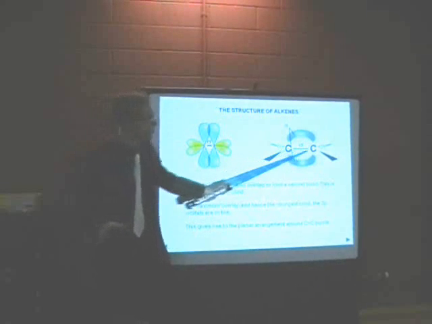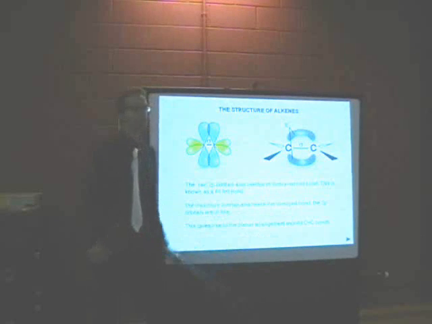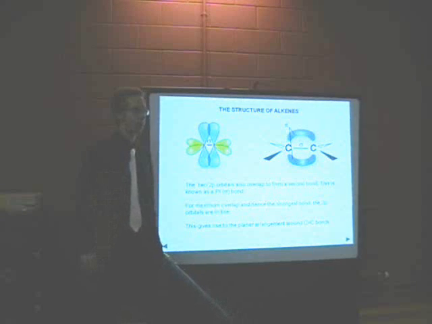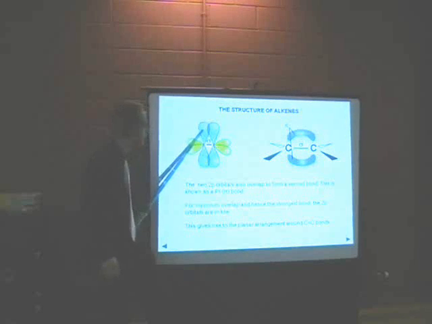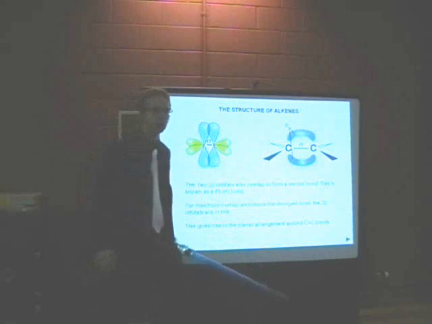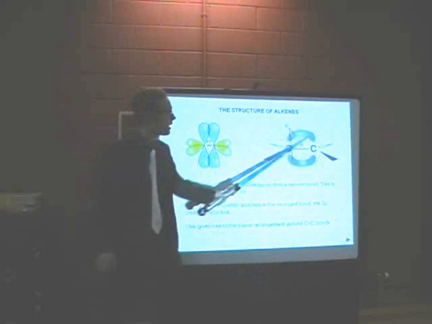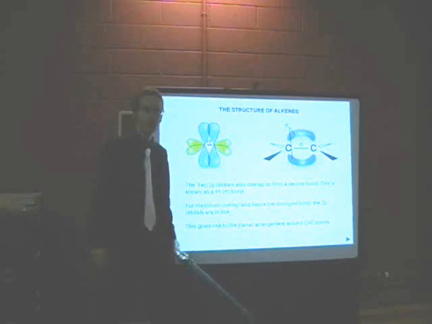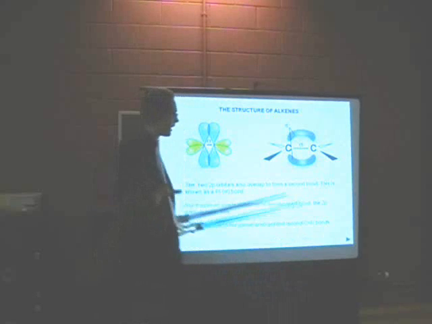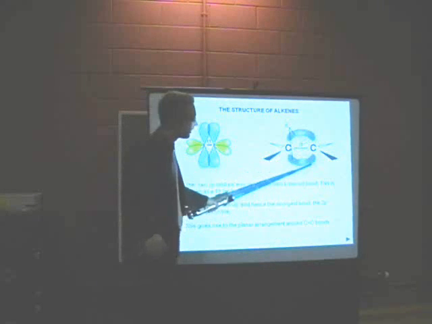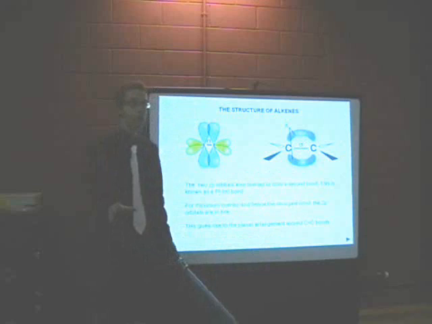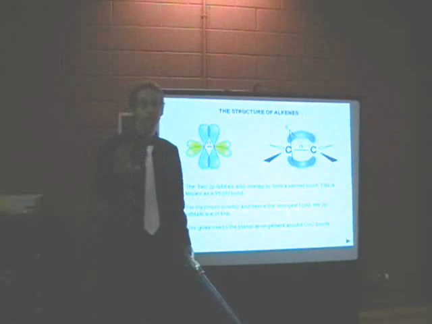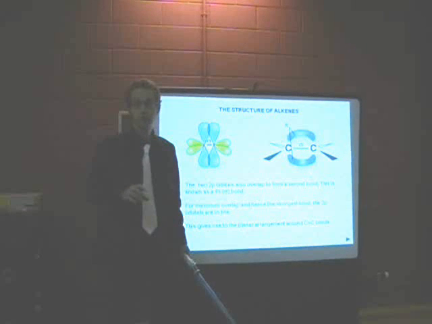When your s orbitals overlap, you get a sigma bond. We okay with that? S orbitals, sigma bond. When your p orbitals overlap, you get a pi bond. Happy with that? Yep. Now, importantly, this orbital is above and below the plane of the rest of the molecule.